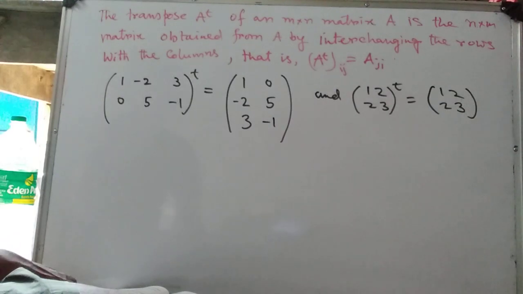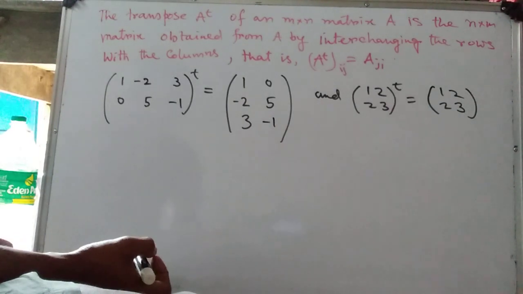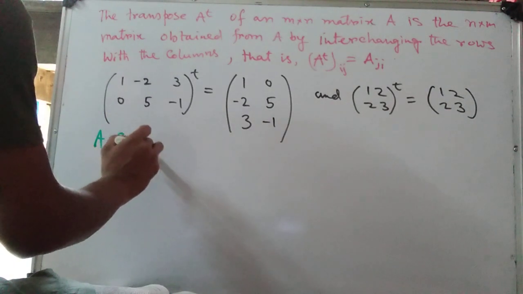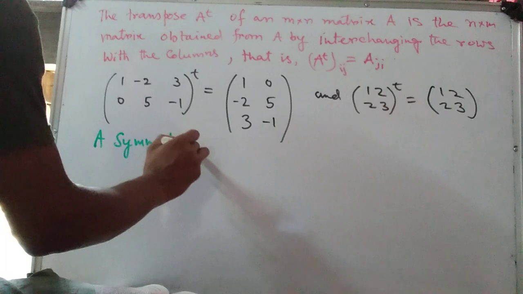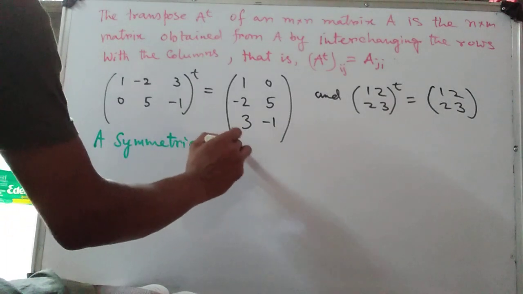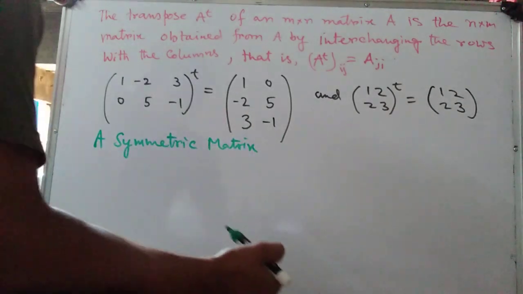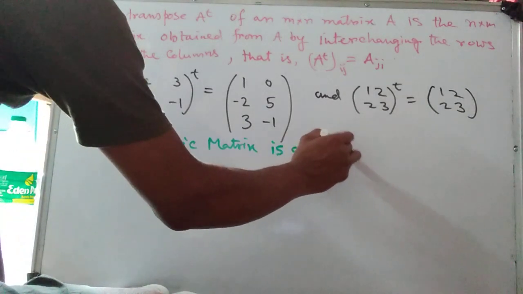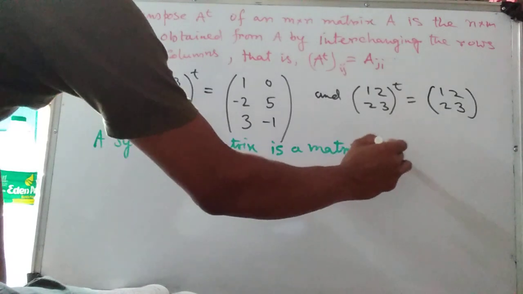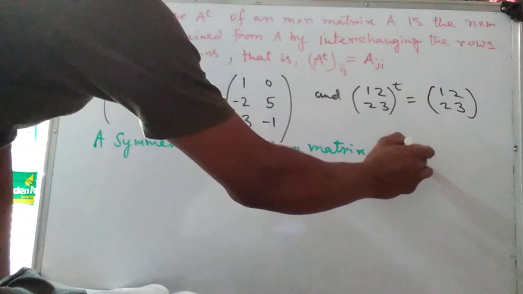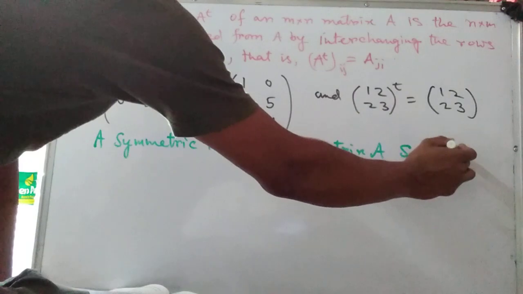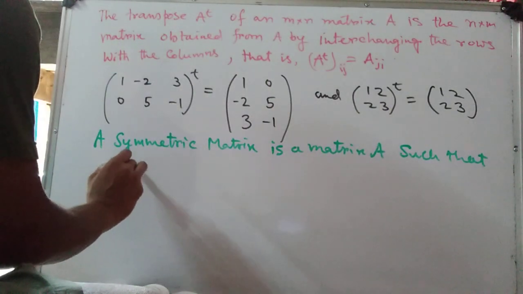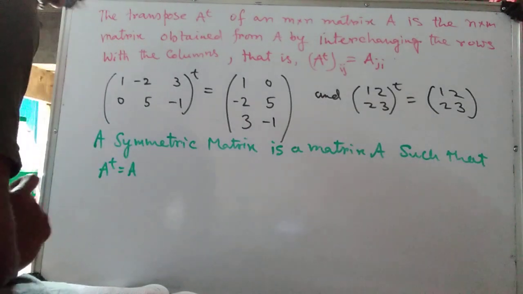Then we also discuss the symmetric matrix. A symmetric matrix is a matrix A such that A transpose equals A. Understood?